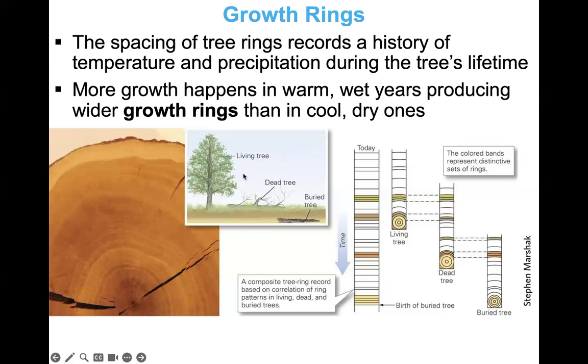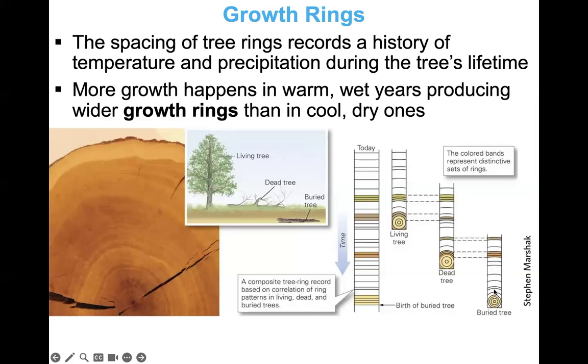So here we have three types of trees. We have a living tree, we have a dead tree, we have a buried tree. The buried tree is the one that will give us an old record, this buried ring right here. We have rings, and you can see the rings here from the center all the way up.